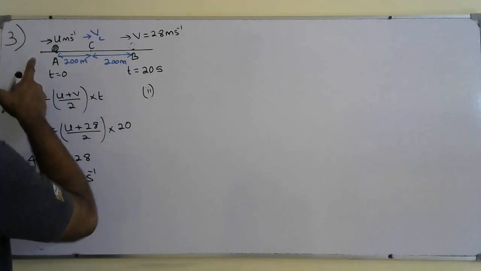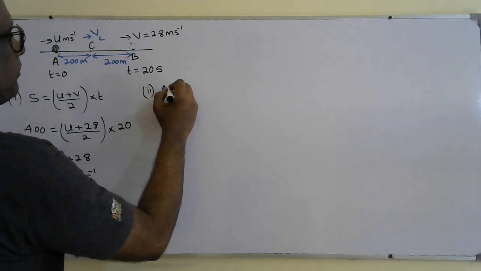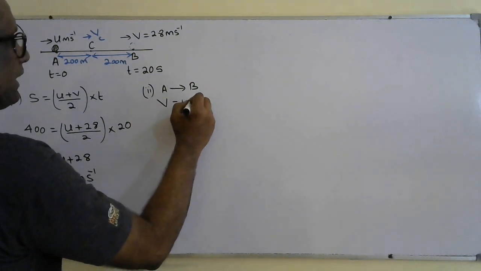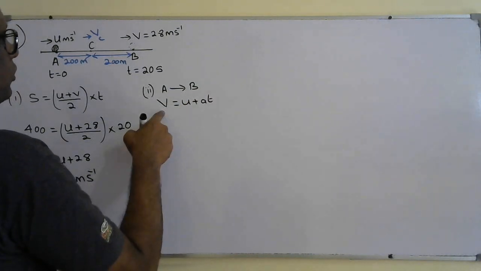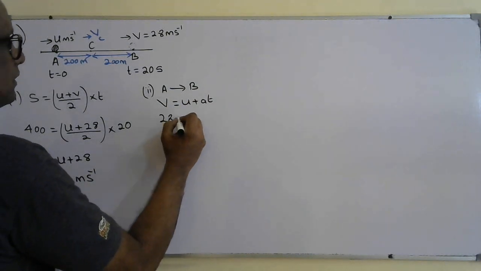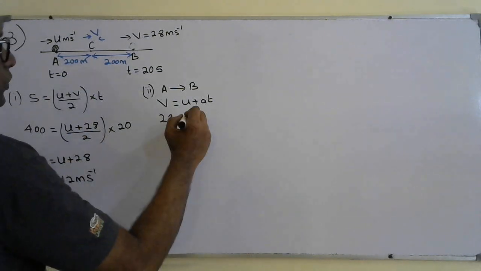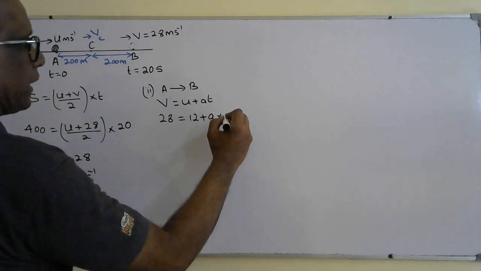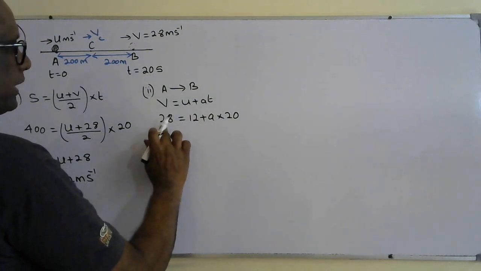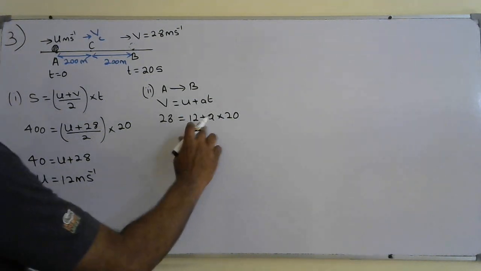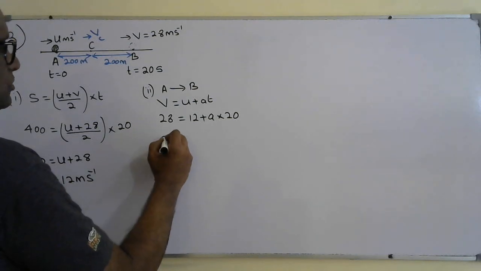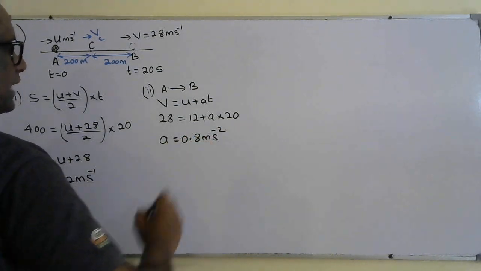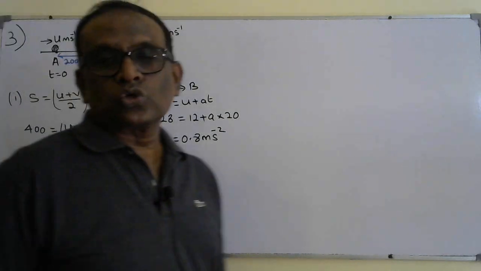Considering the motion from A to B using v equals u plus at: 28 equals 12 plus a into 20. 28 minus 12 is 16, 16 divided by 20, so a is 0.8 meter per second squared. That's the constant acceleration throughout the motion.